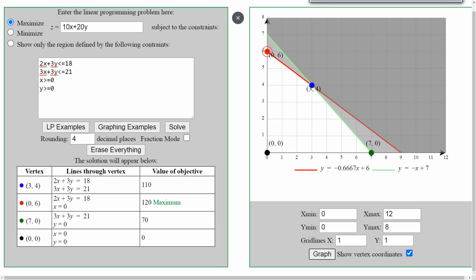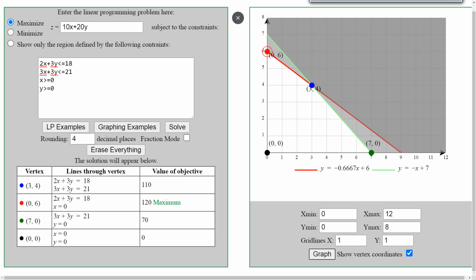I'll request you to go through both the parts before you watch this lecture. The first part was plotting lines and the second part was determining feasible region. So you must go through these videos before you watch or study this lecture.